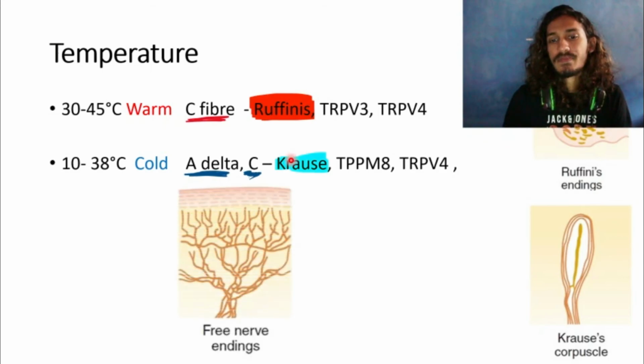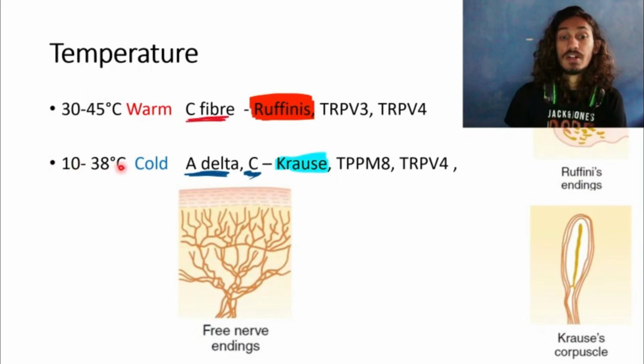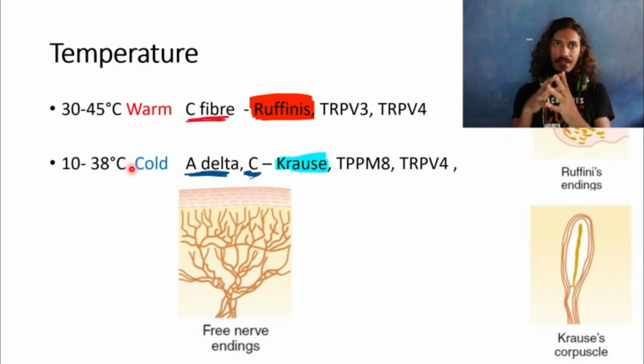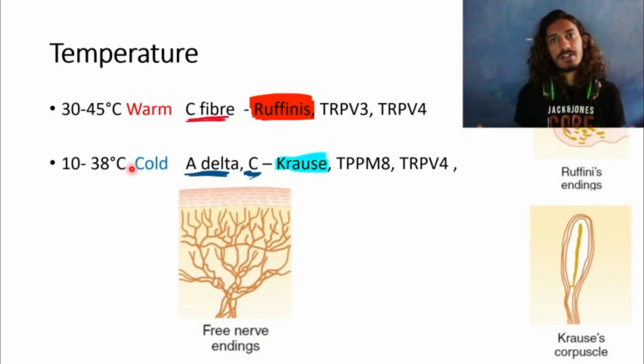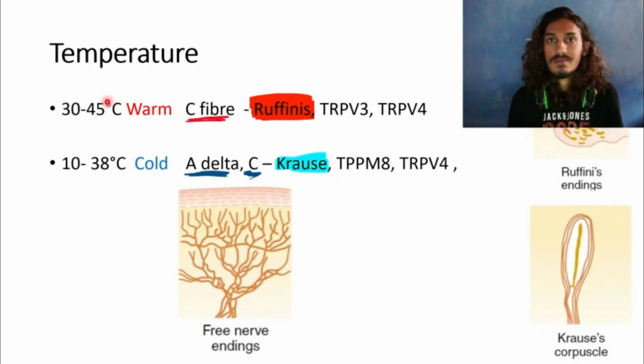And I told you the ranges, 30 to 45 degrees, 10 to 38 degrees. So what happens when the temperature goes beyond it? This results in pain, which is detected by your free nerve endings. If you make it too hot, it should elicit pain. Pain is an important reflex in your body.